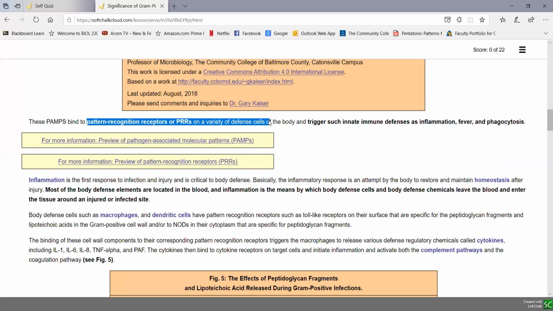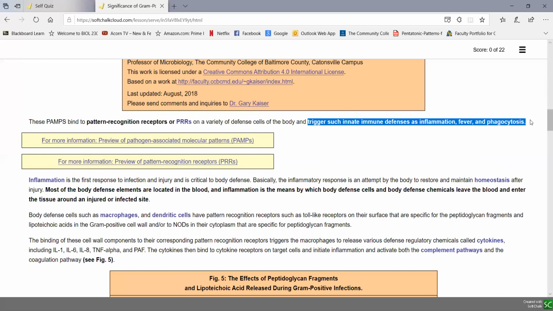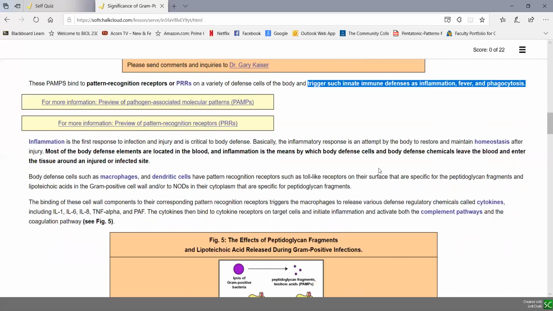So the PAMP on the microorganism, such as teichoic acid, binds to a pattern recognition receptor on a defense cell that fits that teichoic acid, and that in turn triggers innate immune defenses like inflammation, fever, and phagocytosis. We'll have a big section on inflammation throughout Unit 3 and later in Unit 5 as well, but we want to start introducing that concept now because we're going to be talking about that all semester long.